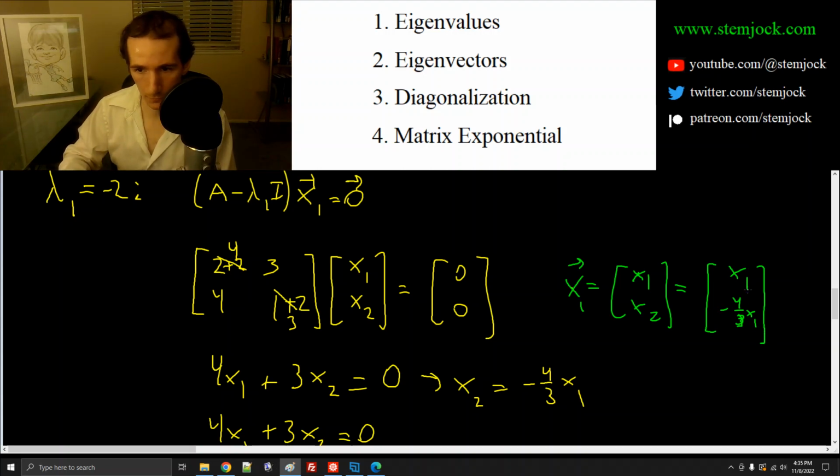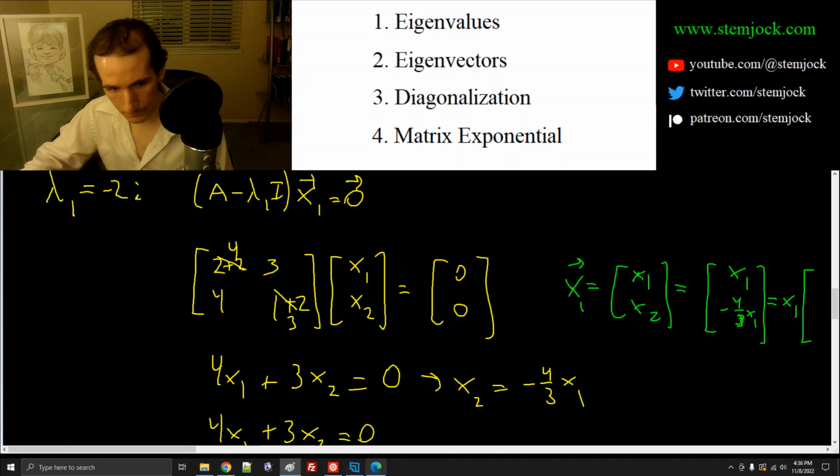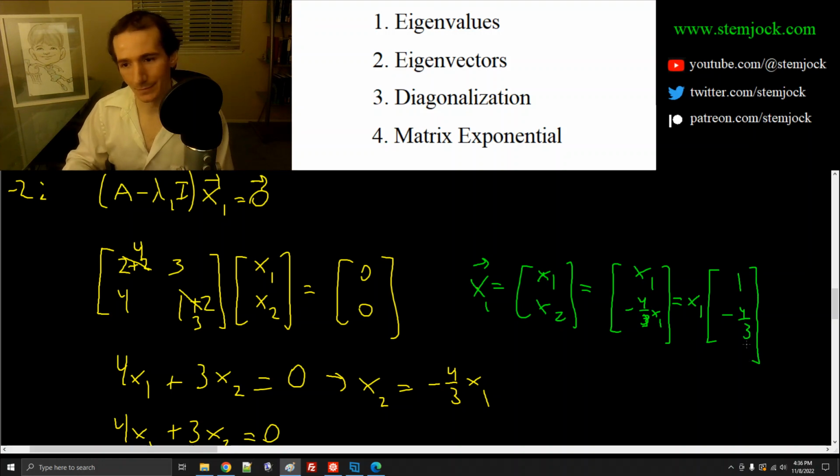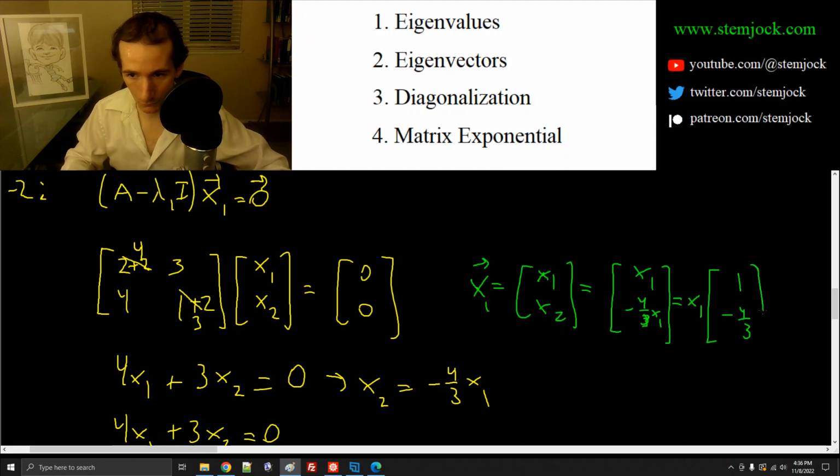Now x1 here is a constant, so I can pull it out in front of the matrix. So this is x1 times 1, negative 4/3. Now it's kind of ugly to have fractions inside the matrix. So we choose x1 as an arbitrary constant, so I can choose it to be anything.